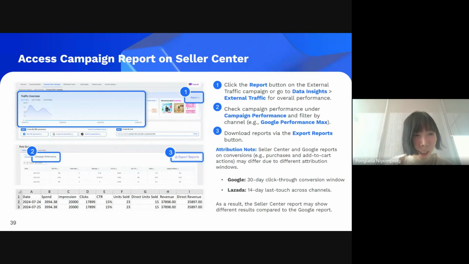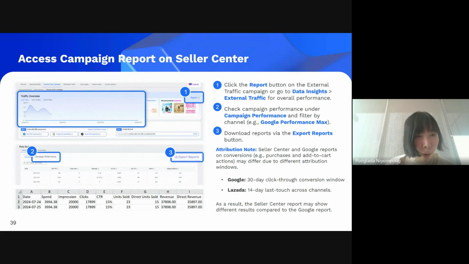For Lazada Seller Center, you can find the report under the external traffic campaign here, and then choose the report. Then you can filter by the channel and the campaign that you launched. You will find the report under the channel Google Performance Max.